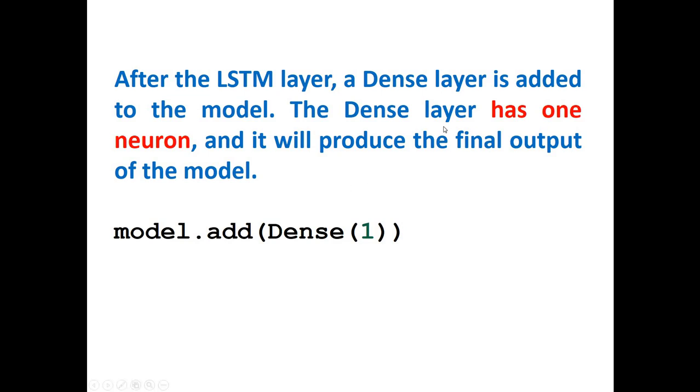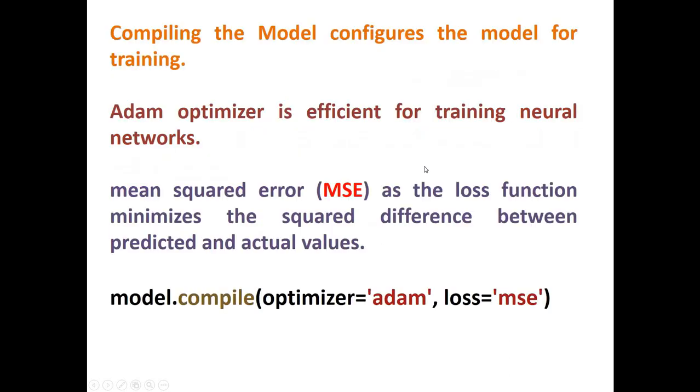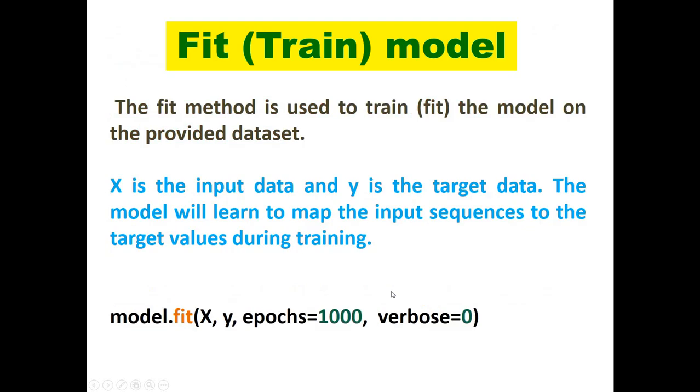After the LSTM layer, a dense layer is added to the model; the dense layer has 1 neuron and produces the final output of the model. MSE, the mean squared error, is used as the loss function, and Adam is the optimizer.